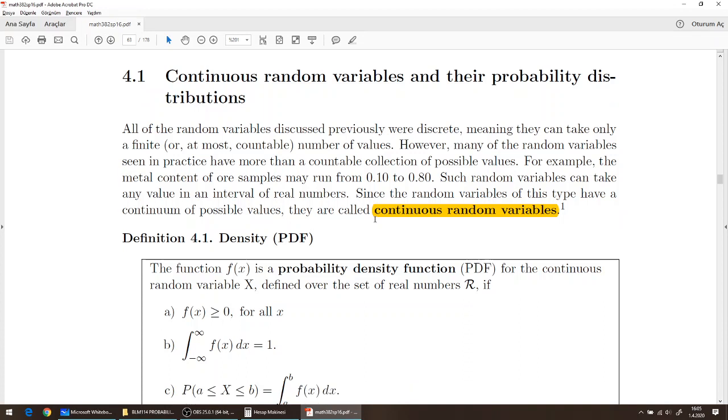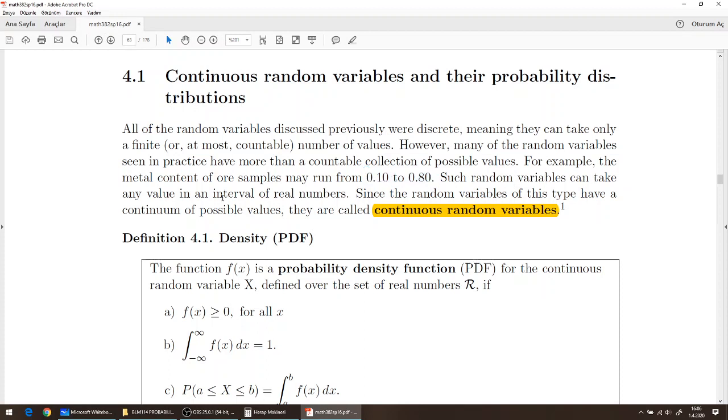All of the random variables discussed previously were discrete, meaning that they can take only a finite or at most countable number of values. In the discrete case, the number of outputs is countable. However, many of the random variables seen in practice have a more than countable collection of possible values. For example, the metal content of ore samples may run from 0.1 to 8.